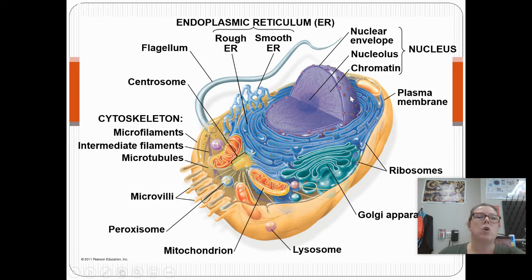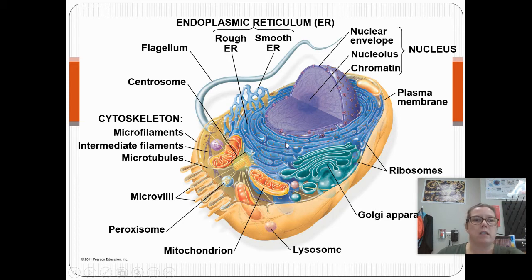The nucleus here is its own separate, independently functioning organelle, but notice it's surrounded by a veritable network of membrane-bound structures. These membrane-bound structures that you're seeing are the endomembrane system. So you've got these extensively folded membranes that surround the nucleus.